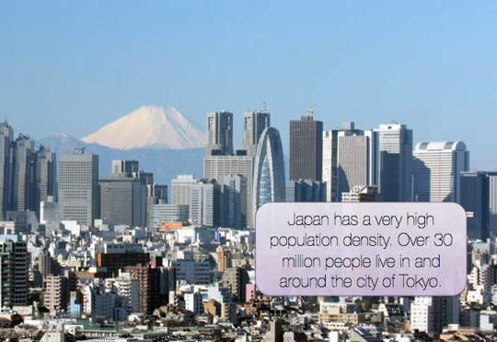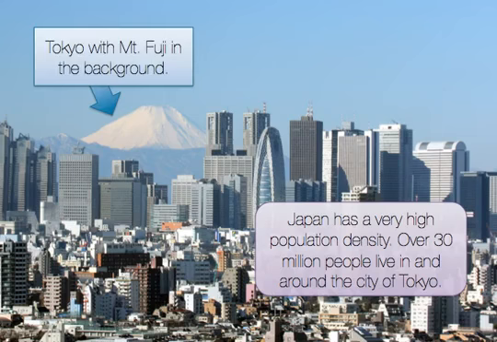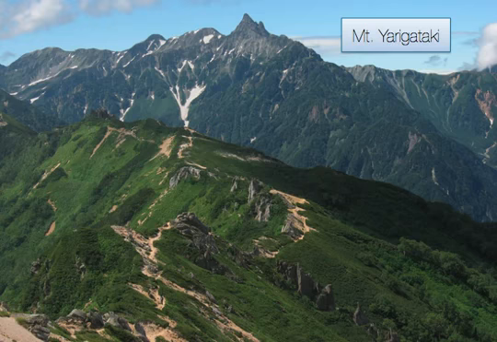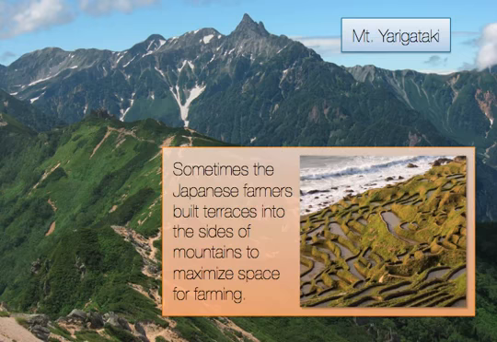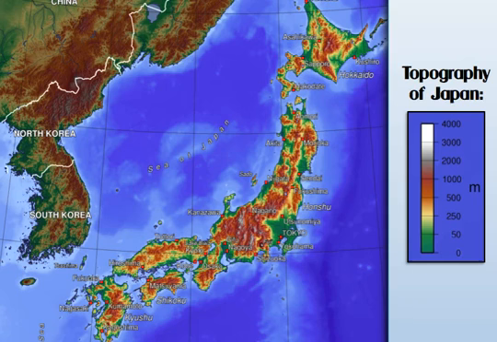And adding to that is the fact that the landscape of Japan plays a role in where people live in that country. Much of Japan is made up of rugged mountains, which aren't very good for building towns and villages and cities, but also aren't very good for farming and producing food. Let's take a look at a topographical map of Japan.